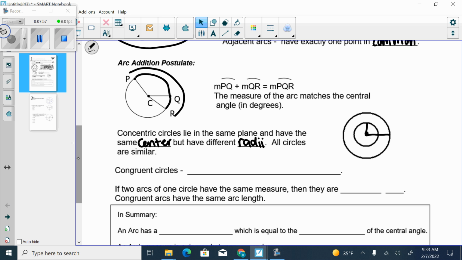However, if these two circles were congruent, what would that mean? What does congruent mean? They're the same size, same shape. If they're congruent, then they would have the same size radius. They'd be the exact same size. So congruent circles are circles with the same radius.